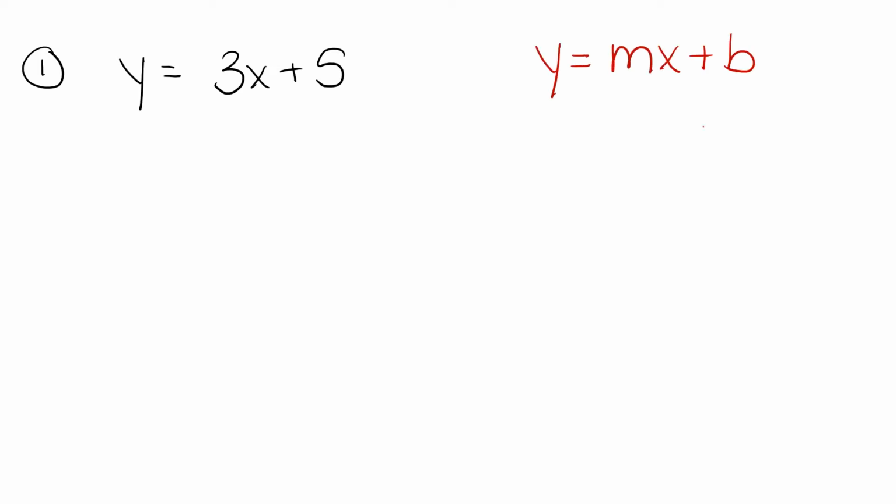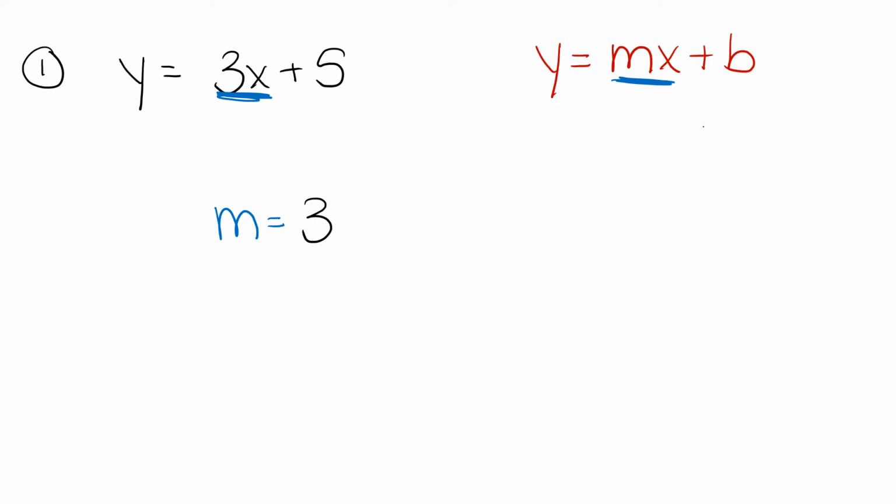So in number 1, I give you the equation y equals 3x plus 5. Now remember, our general equation is y equals mx plus b, and it'll always be that order. So if we want to pull out the m value, remember the m and the x are always side by side. The 3 and the x are side by side. So m is going to be 3.